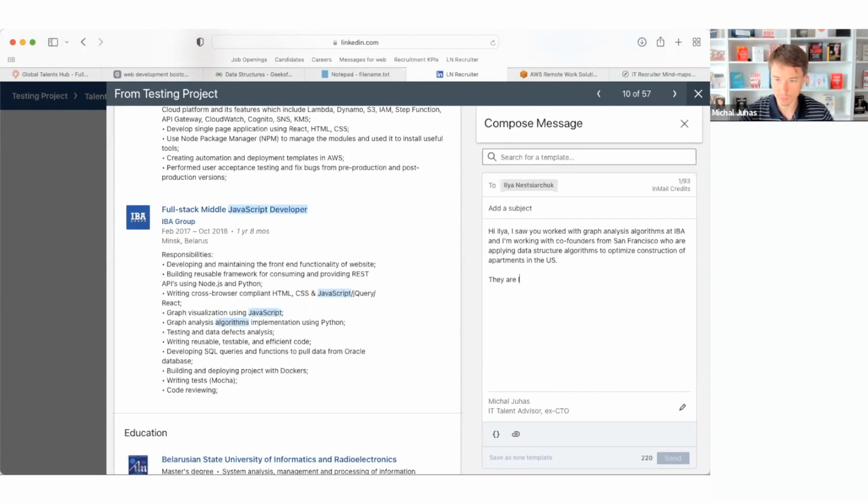They are looking for a JavaScript, TypeScript, Fullstack engineer, and it looks like you tick all the boxes with React and Node.js as well, which they use.